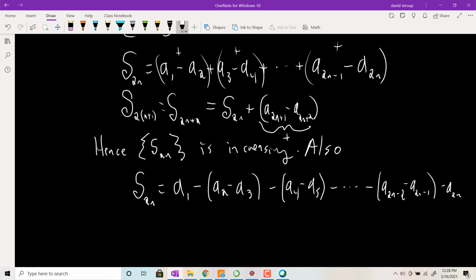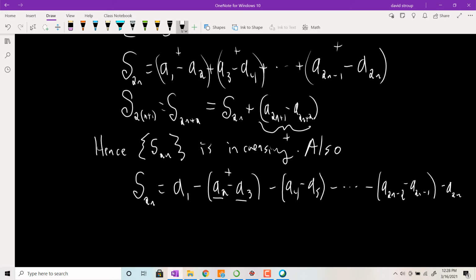So what? Because these things are decreasing, a sub 2 will be greater than a sub 3, so this thing is positive. Basically we're taking a sub 1 and subtracting away a bunch of things. If a sub 2 minus a sub 3 were negative, we would be adding in a bunch of stuff, but it's not. It's positive, so we're actually subtracting away everything.